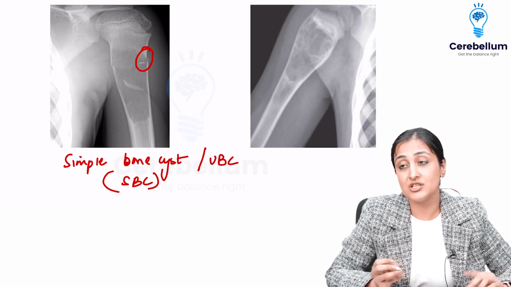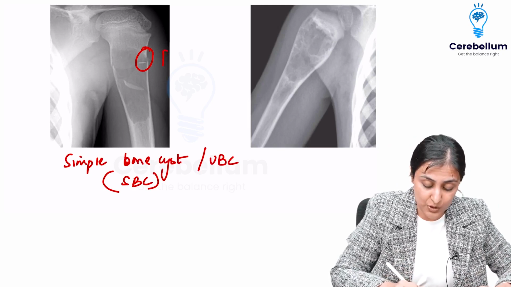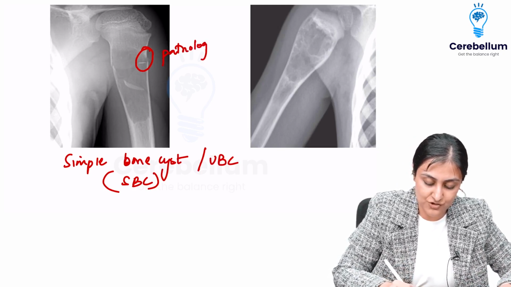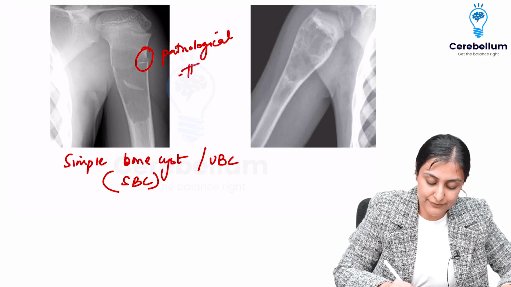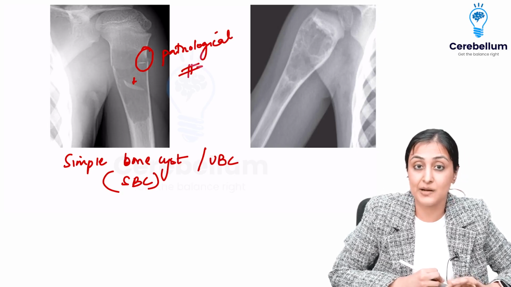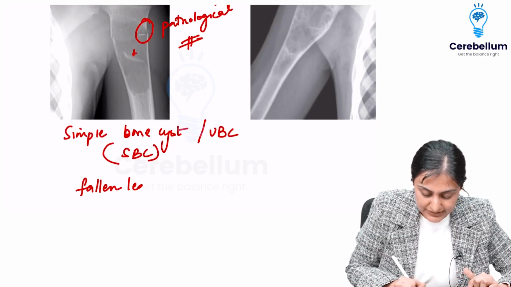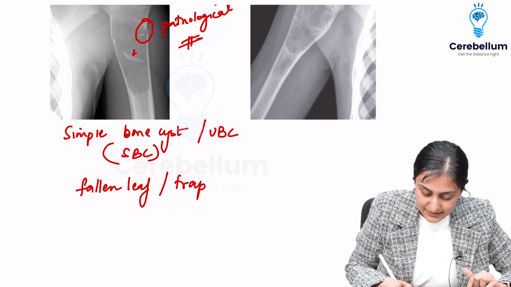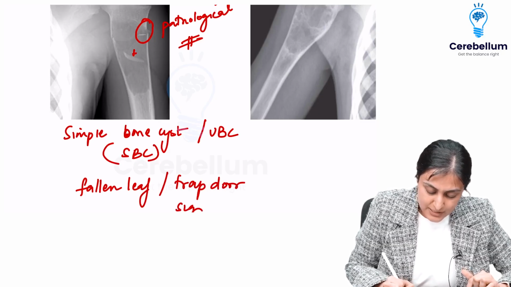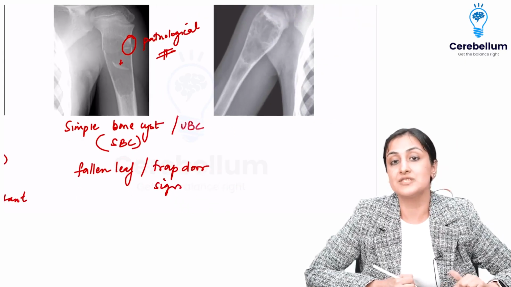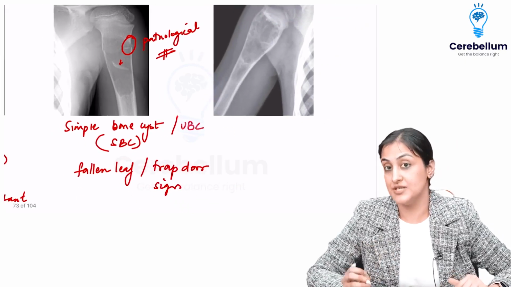A fracture in the setting of a bone tumor is what we call a pathological fracture. So this is a pathological fracture, and you can see the fracture fragment is actually floating here, which is called the fallen leaf sign, also called the trapdoor sign. So trapdoor sign, fallen leaf sign seen in simple bone cyst.